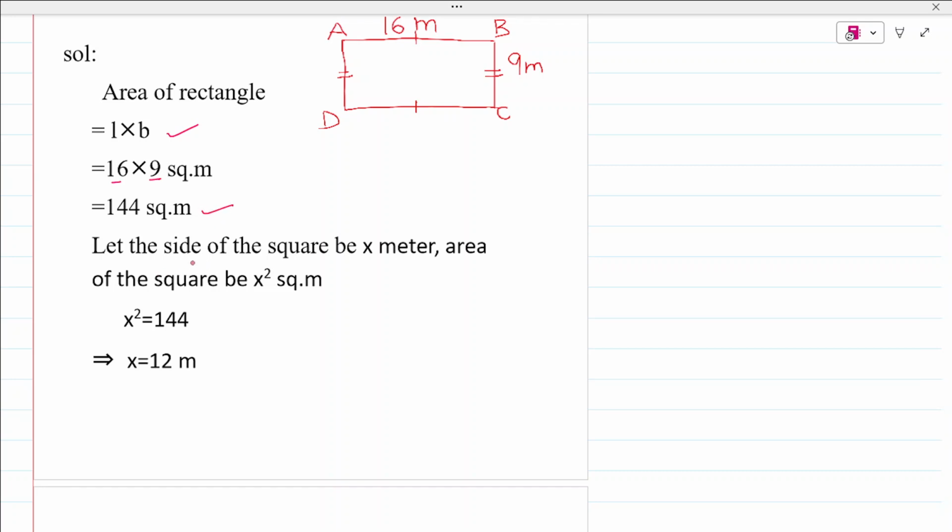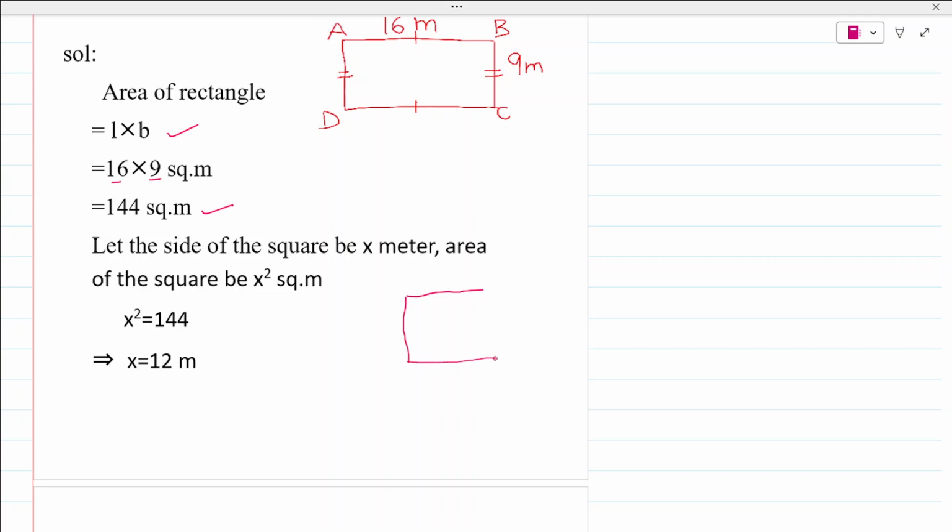Now I need to find the side of the square having the same area, that is 144. A square is a figure with equal sides.